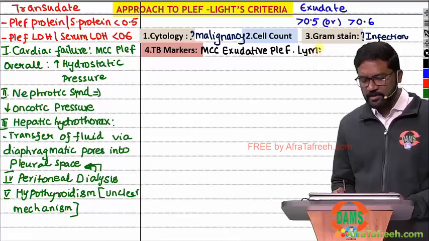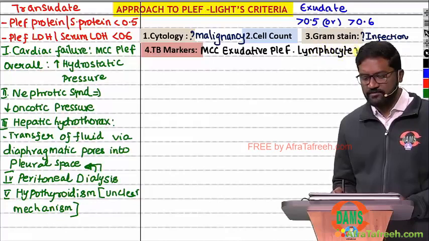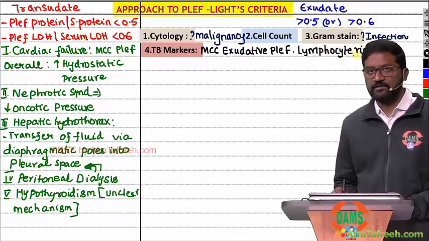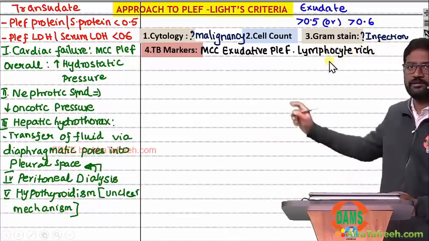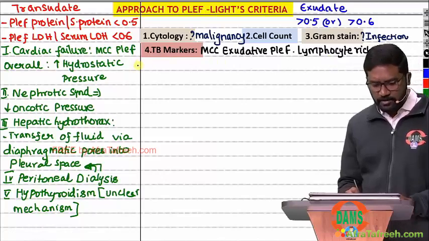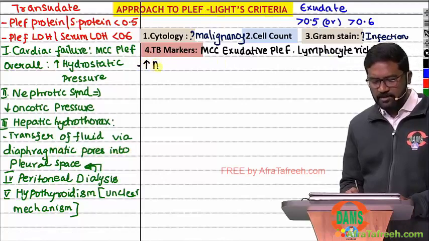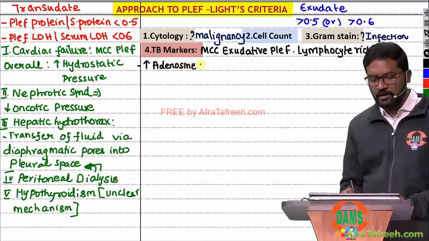And what is the nature of this pleural effusion? In TB, it will be a lymphocyte rich pleural effusion. So if you see the cells, they will be filled with lymphocytes. And what are the important markers? There will be elevated adenosine deaminase, also written as ADA, elevated ADA.